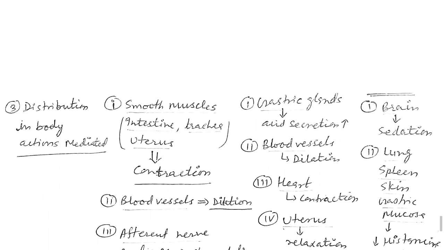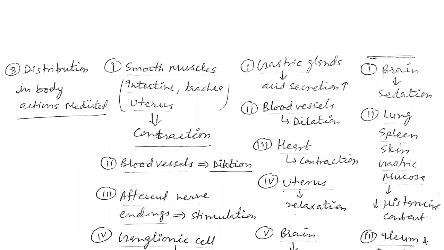So these are the receptors and types of receptors. Now we are discussing the distribution of these receptors in our body and the actions they exert or mediate. The H1 receptors are present in smooth muscles, either in the intestine, trachea and uterus.